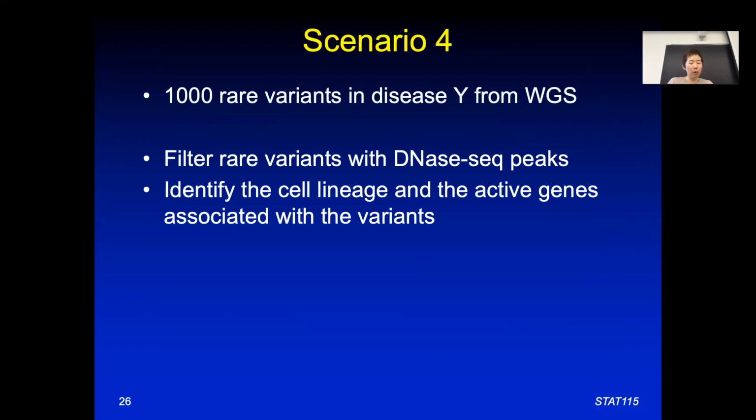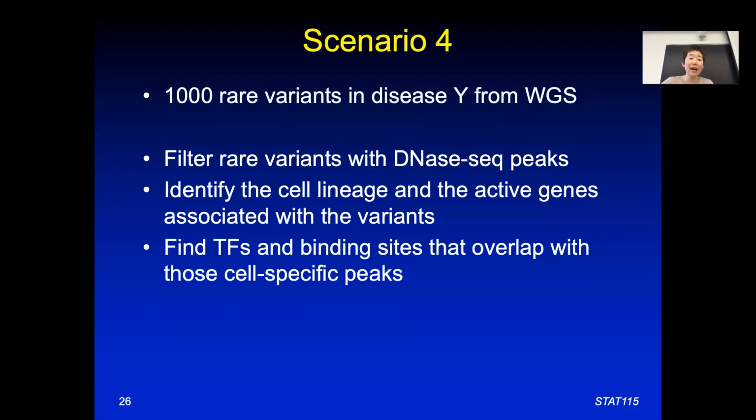And once you have that DNase data, you roughly also know what genes are probably active in that cell, because that gene promoter will be active. So you know, okay, this gene at least is promising. Then you look at motifs. In those regions, you ask what transcription factor might bind there.